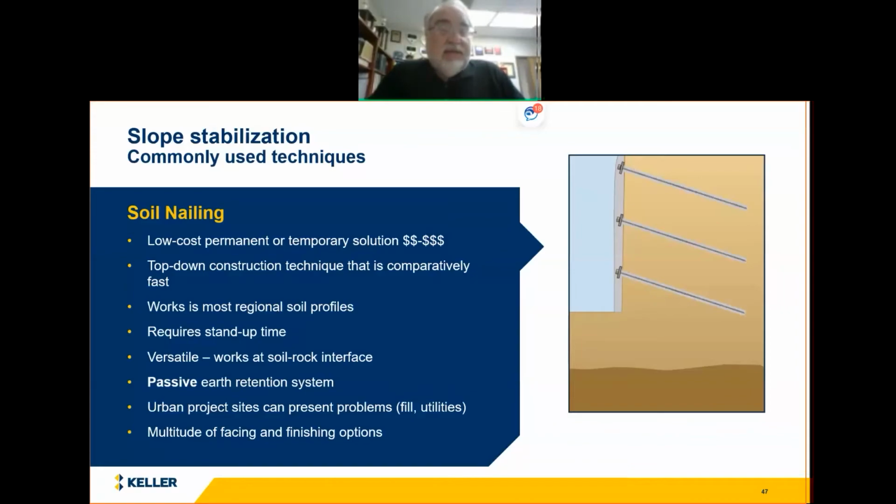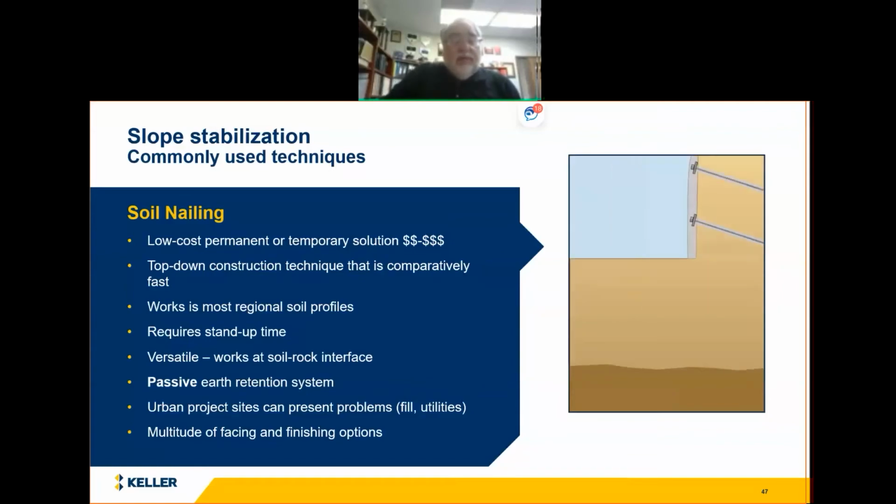That top nail has to be installed about 2.5 feet down. So if you've got utility trenches, that's a real problem. And if it's a soft, unconsolidated fill in the upper zone, soil nailing doesn't work super well in bad fills either. So there are a lot of different facing and finishing options, though, and I'll talk about those as we move along.